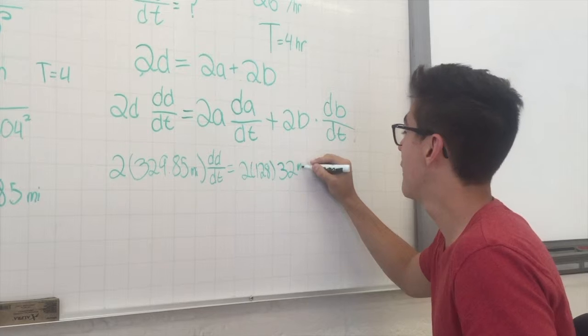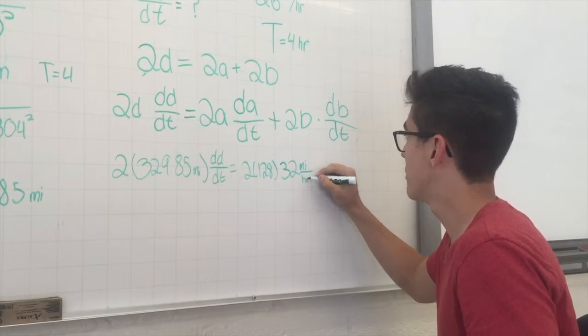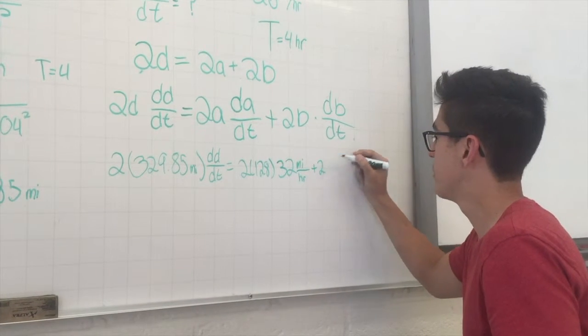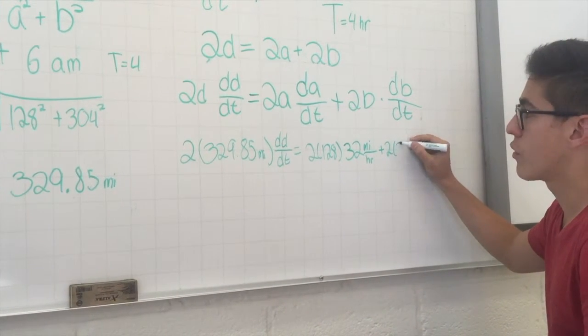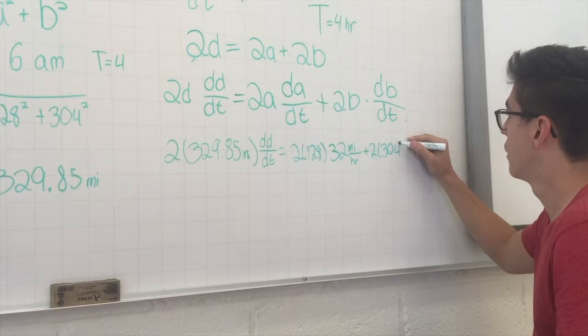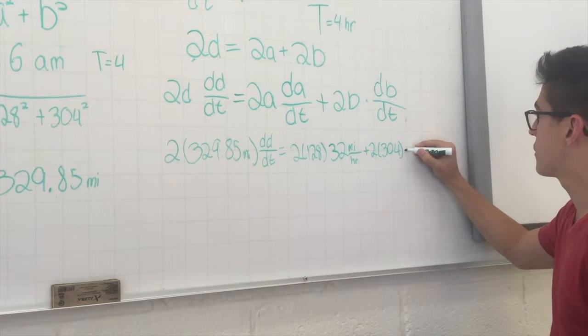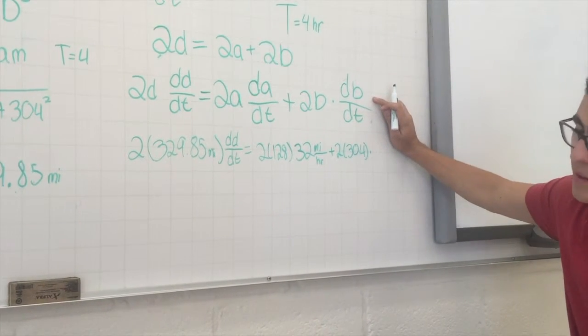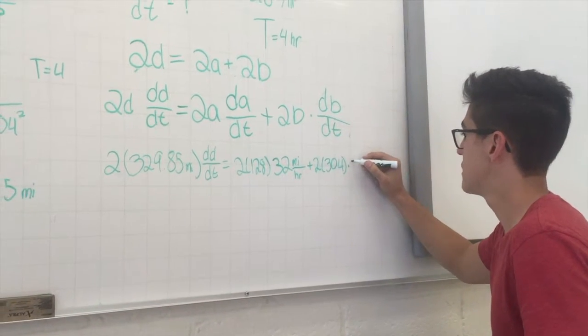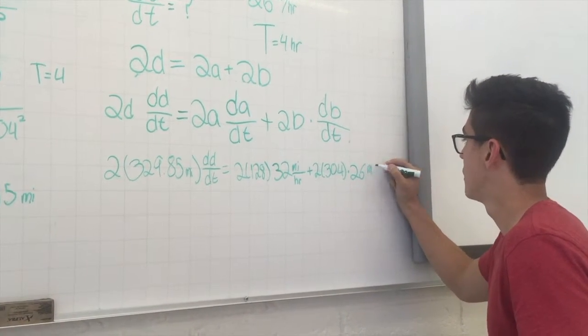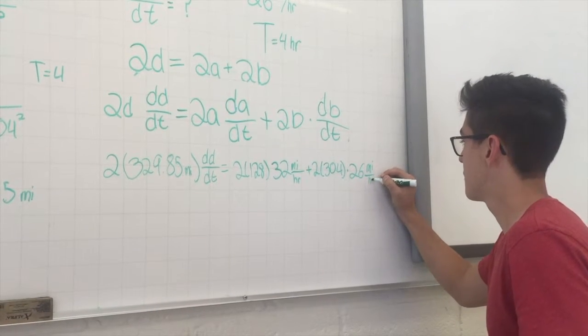plus 2 times b, which we already have, which is 304, times how fast b is going with respect to time, which is 26 miles per hour.